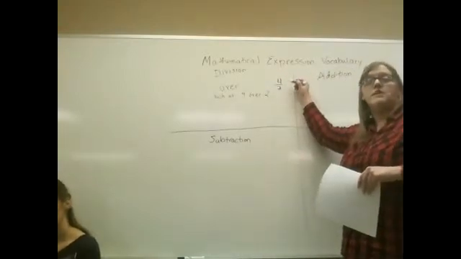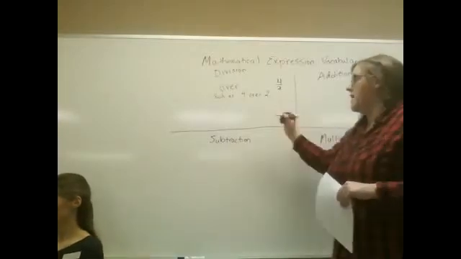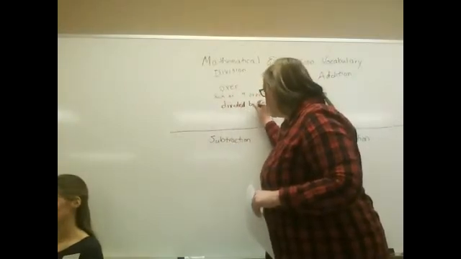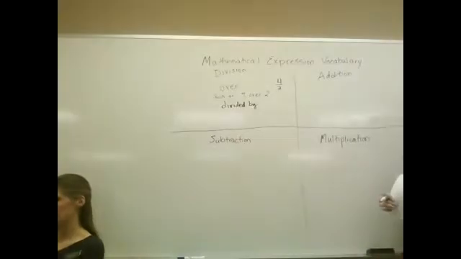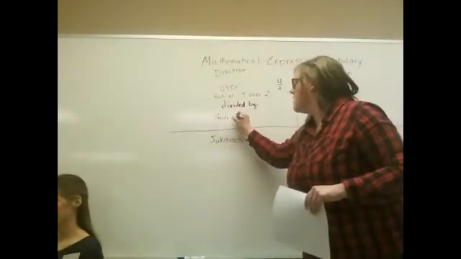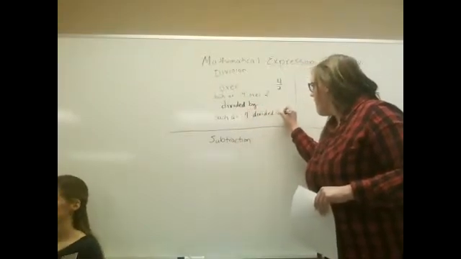So the 4 is literally over the 2. Another way is just to say divided by, which is definitely the most clear and straightforward. And of course, such as 4 divided by 2.